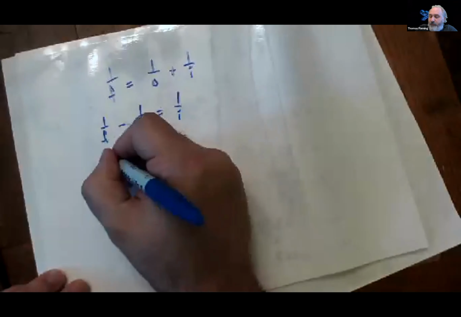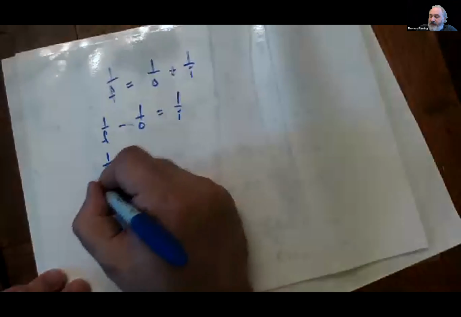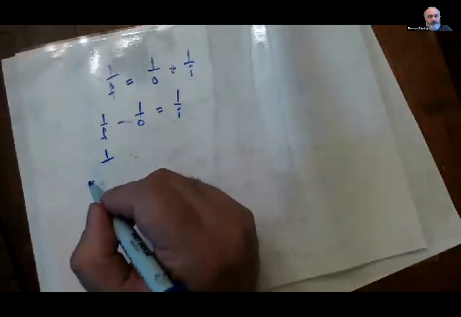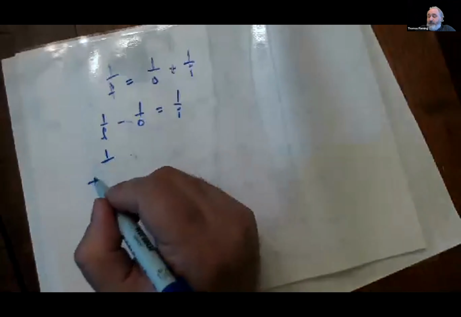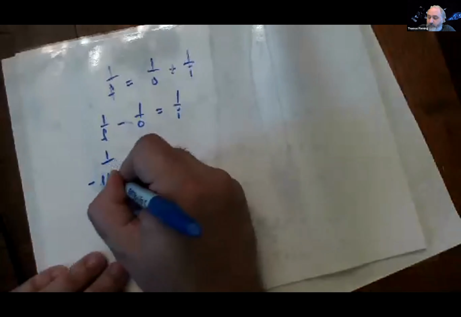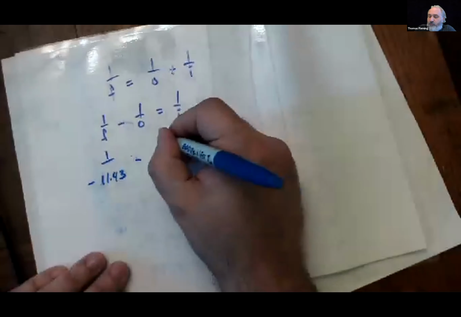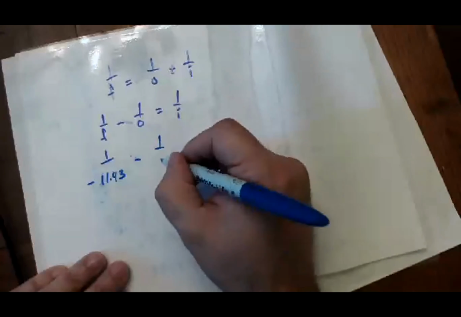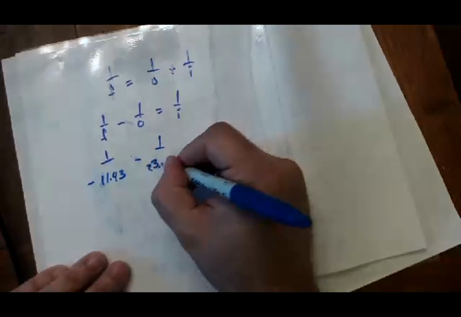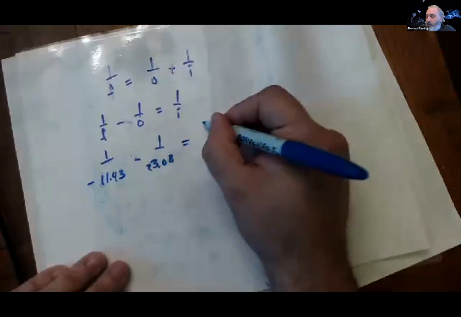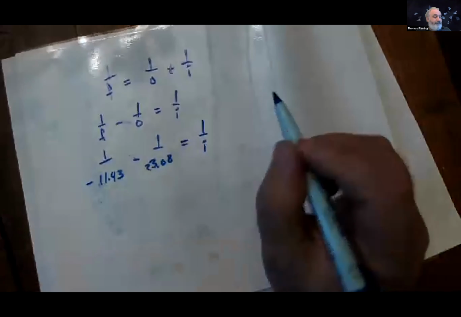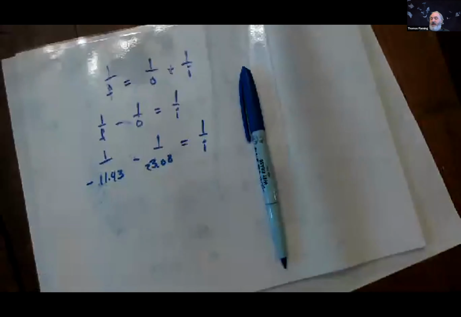And F, in my case, was negative 11.43, minus O, which was 23.08. And that's going to equal 1 over I. Notice I have a minus and a minus, so I'm for sure going to get a negative answer from this.